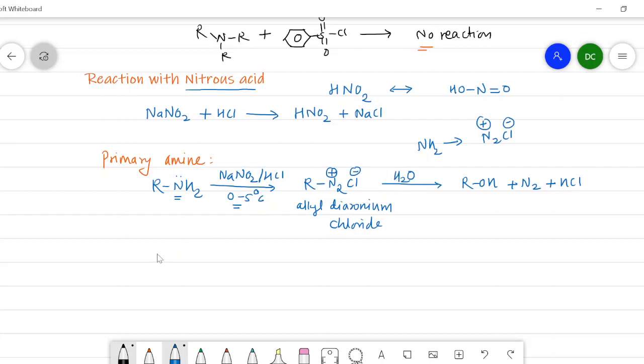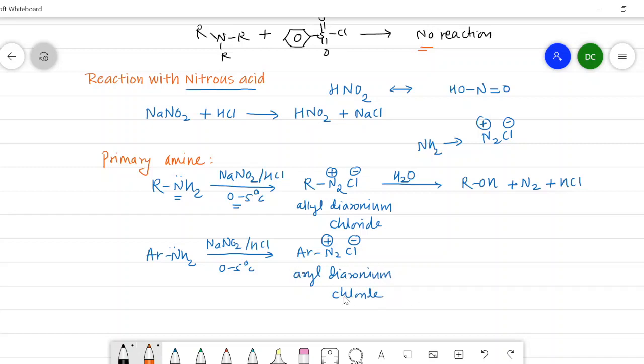Now, similarly, an aromatic amine. Here I will write an aromatic amine, that is ArNH2. When treated with NaNO2 and HCl at 0 to 5 degrees Celsius, it also gives ArN2Cl, that is nitrogen positive, Cl negative. It is aryl diazonium chloride.